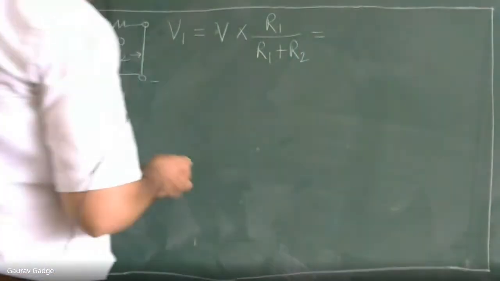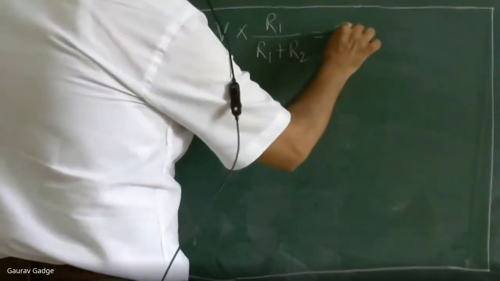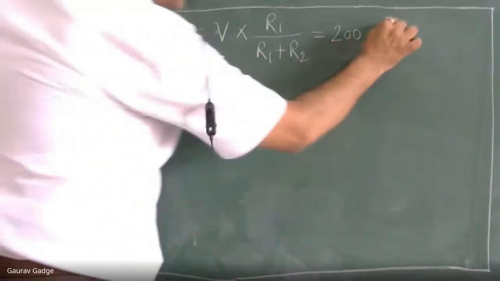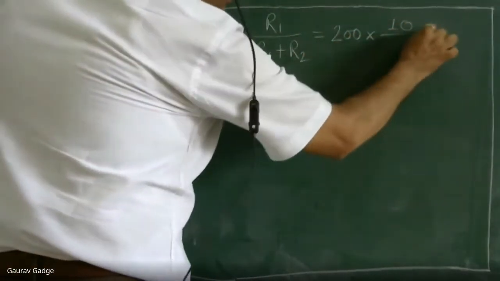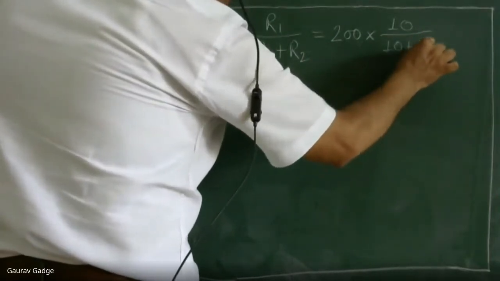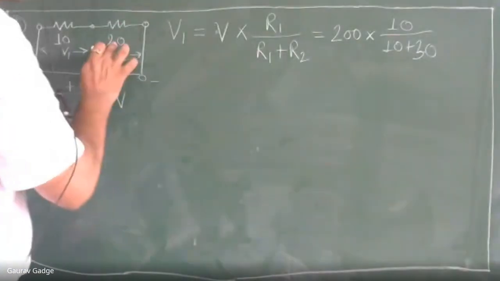Now the total voltage which is applied here is 200 volt. The resistance which is present here is 10 ohms, and the resistances which are to be in the denominator, that is 20 plus 30 ohms.